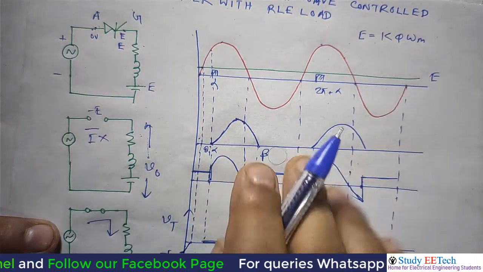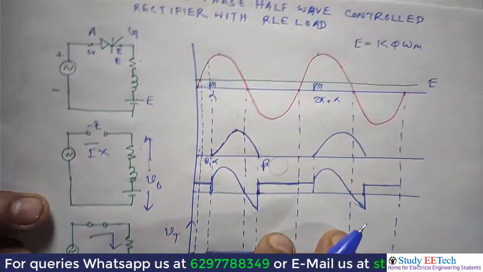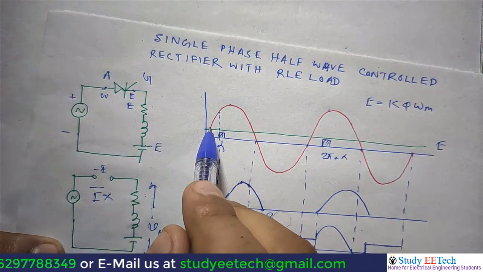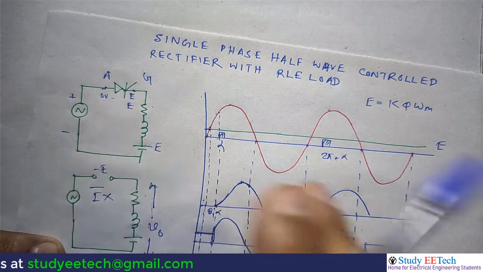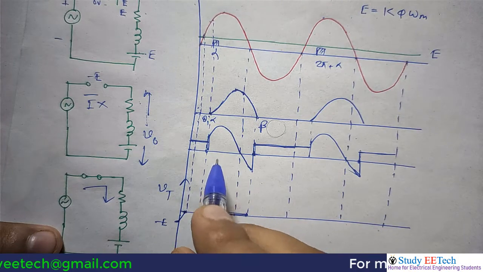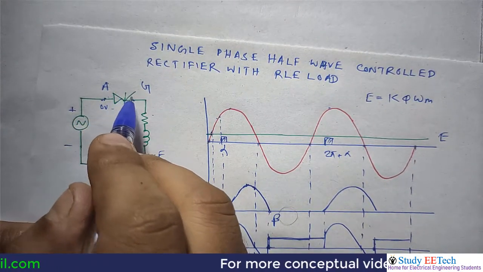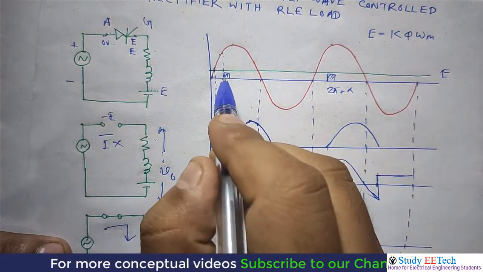At this point theta 1 we will get 0 voltage, and right after that point this point's potential is exceeding E, so we will get a positive voltage, until we trigger the device, and we are triggering the device at alpha.